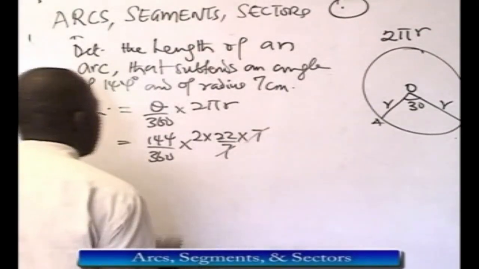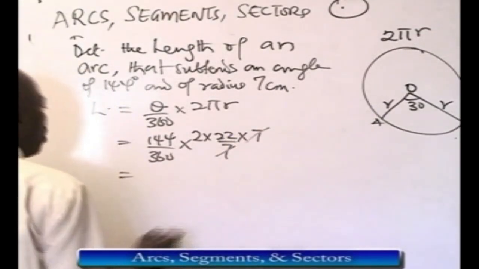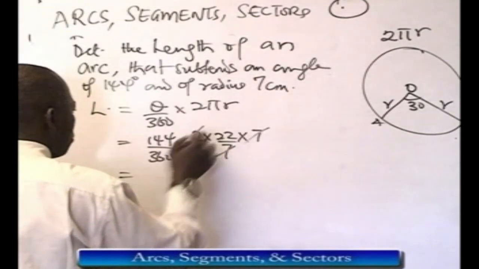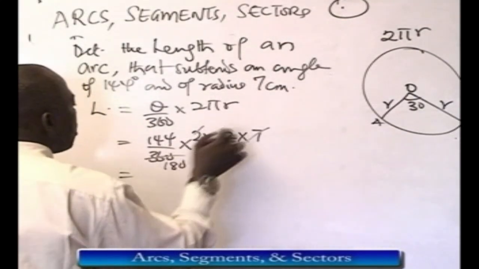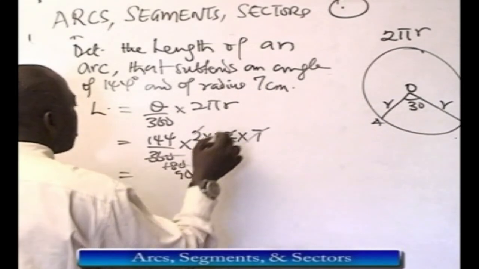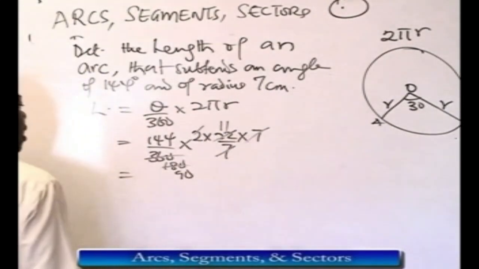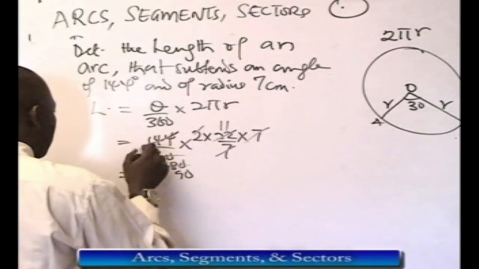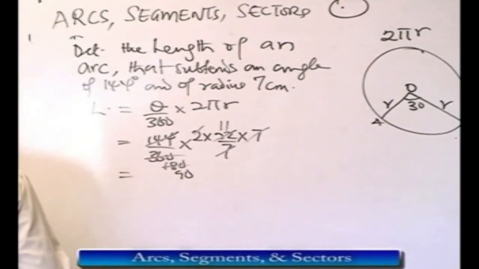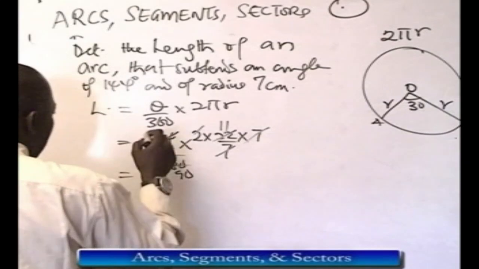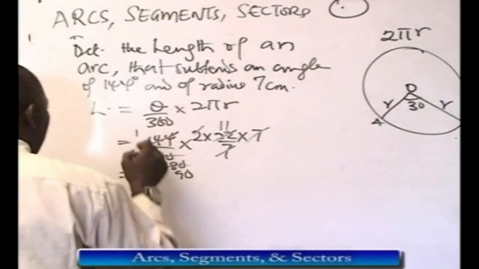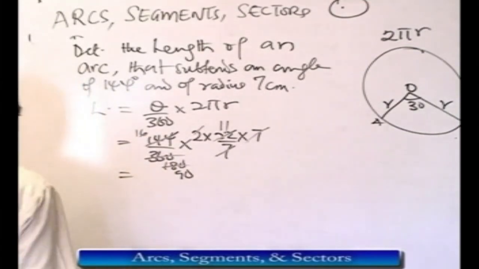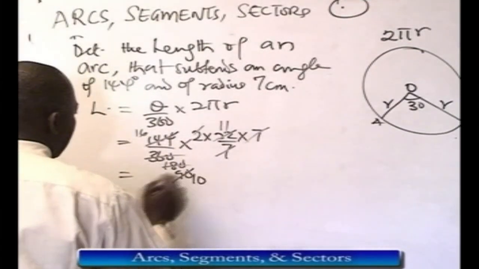So you cancel 7 and then you cut. If you cut, you will discover that 2 here, 180, 2 here again, 90, you have 11 here. If you use 9 to cut this, you are going to have 9 in 14, 1, 9 in 54, you discover that it is 6, 9 here 10.